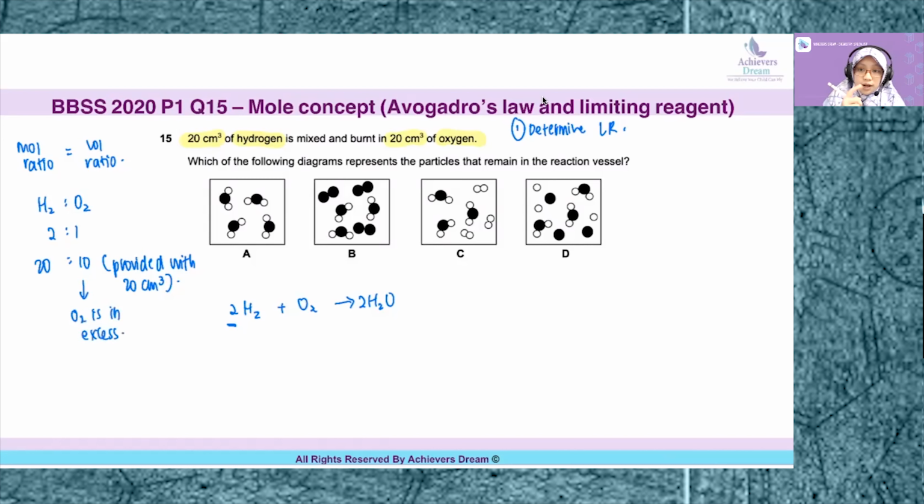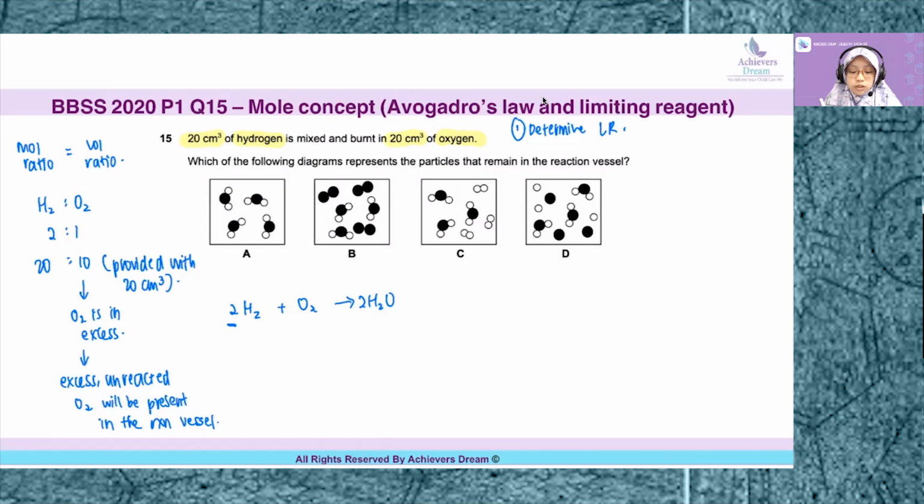The excess unreacted O2 molecules will be present in the reaction vessel after the reaction is completed. Can you understand? Apart from the product, which is water molecules, excess unreacted oxygen will also be present in the reaction vessel.